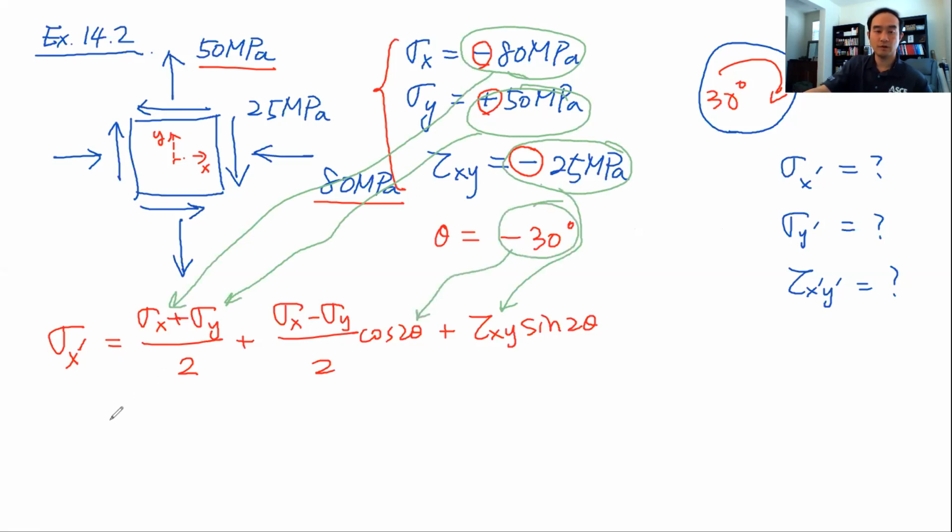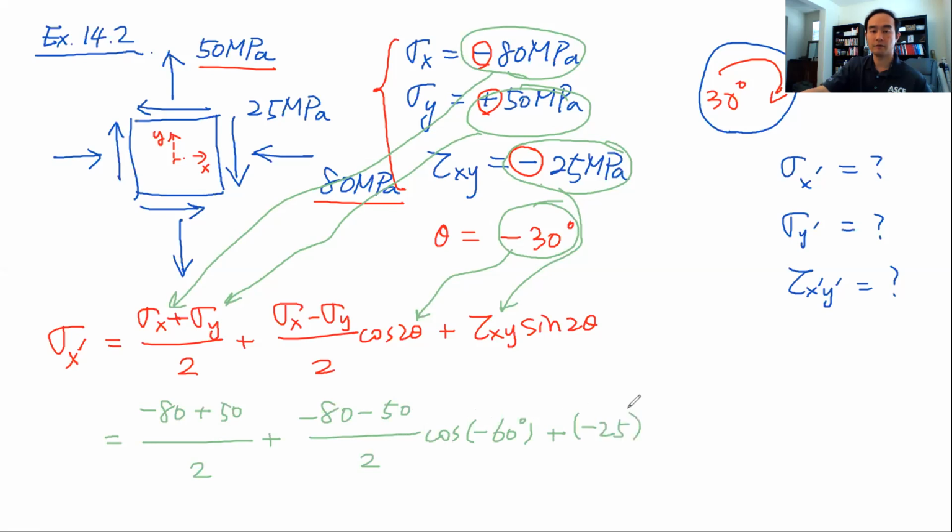So sigma x prime becomes negative 80 plus 50 over 2, plus negative 80 minus 50 over 2 times cosine of 2 times negative 30, which is negative 60, plus tau xy, negative 25 megapascal, times sine 2 theta, negative 60 degrees.